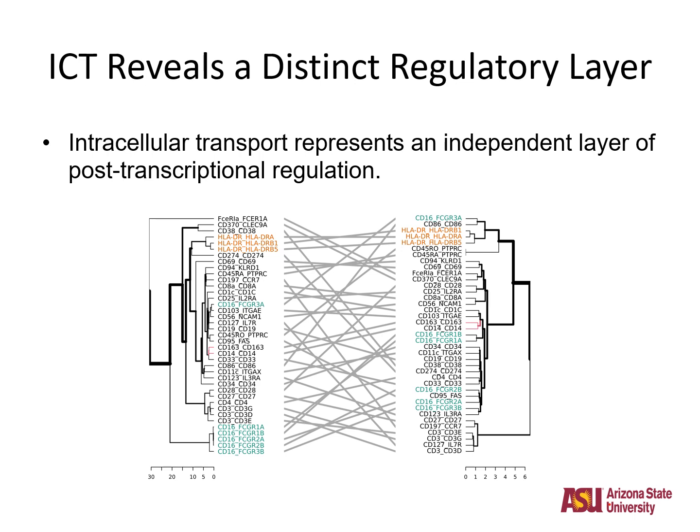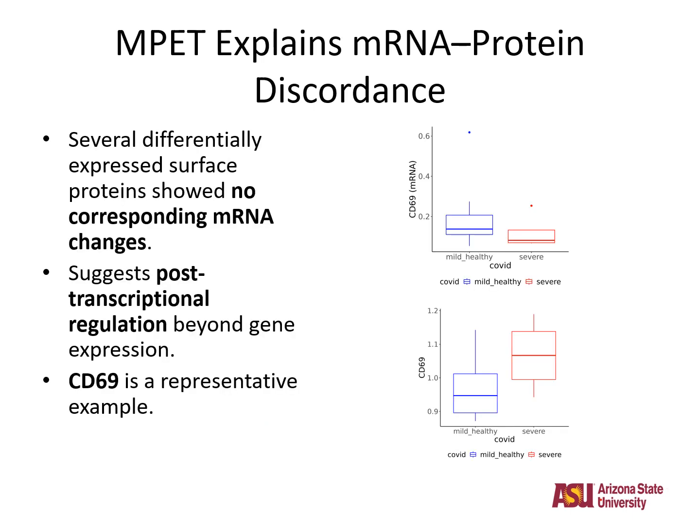This indicates that intracellular transport represents a distinct layer of post-transcriptional regulation beyond gene transcription. We next examine cases where surface protein expression changed without corresponding changes in mRNA. These protein-mRNA mismatches suggest regulation beyond transcription, which is precisely what MPET is designed to capture.